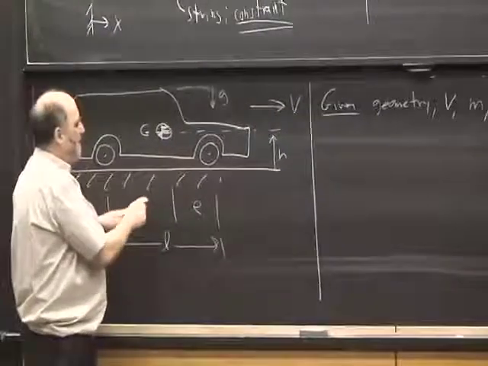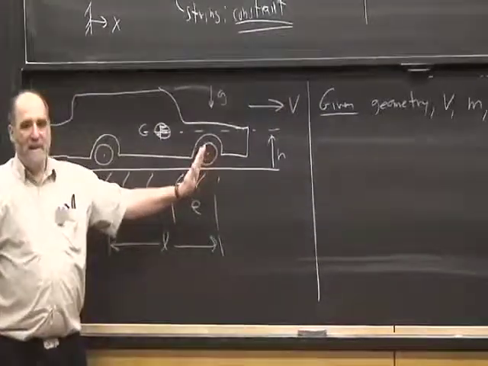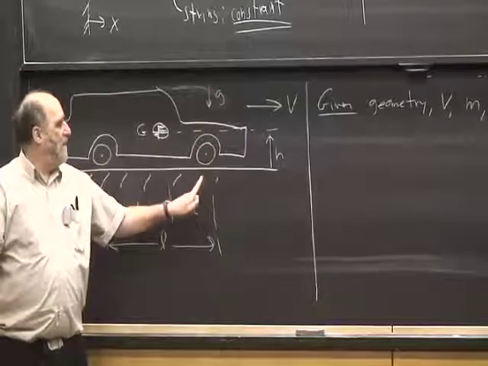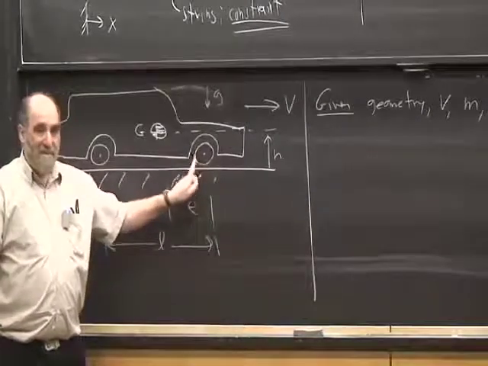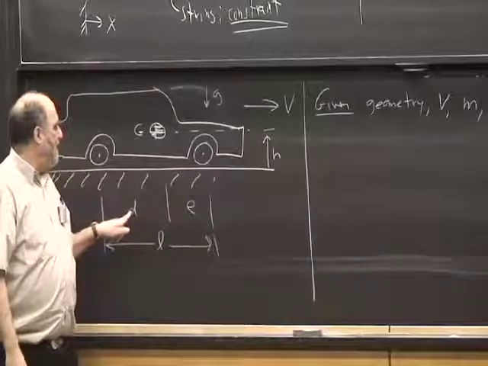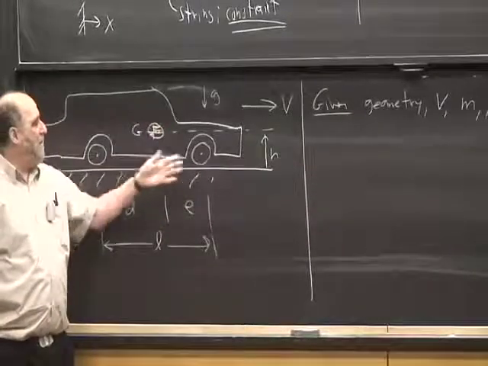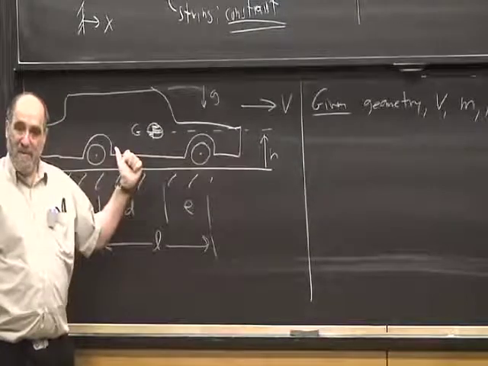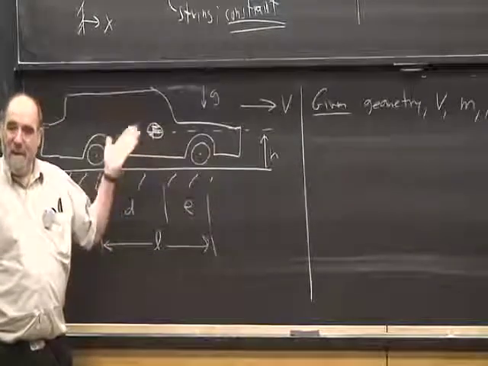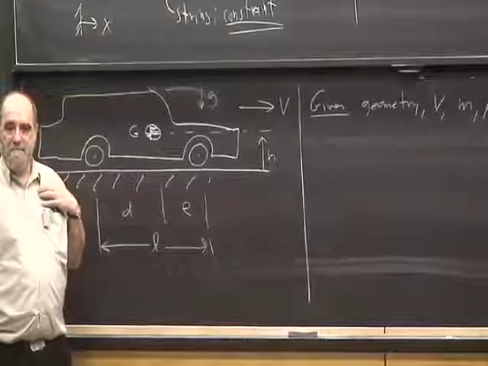If E is smaller than D, there's more weight on the front wheel. In fact, when the car is just sitting still, the vertical force here is D divided by L times mg. Then we multiply that by mu, it tells us the friction force, and then we divide by the mass, it tells us the acceleration.